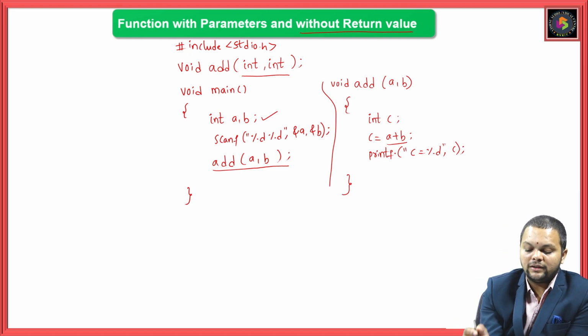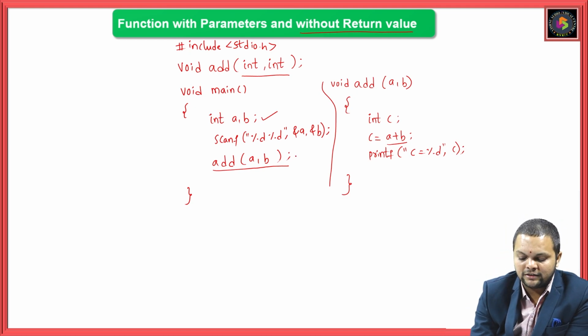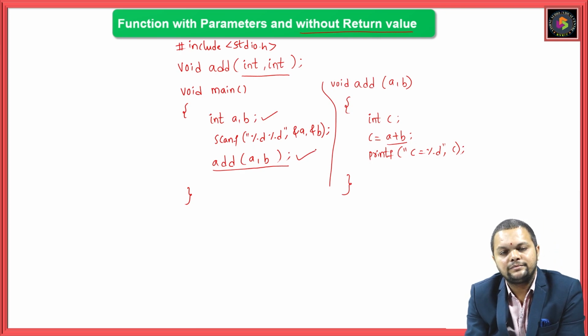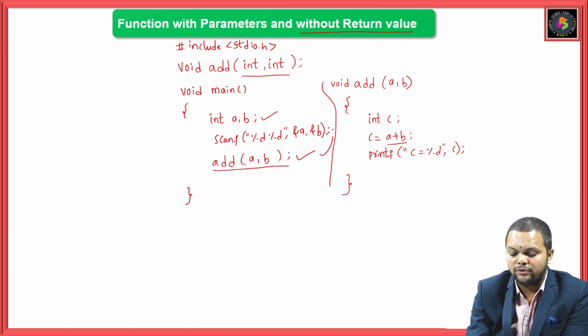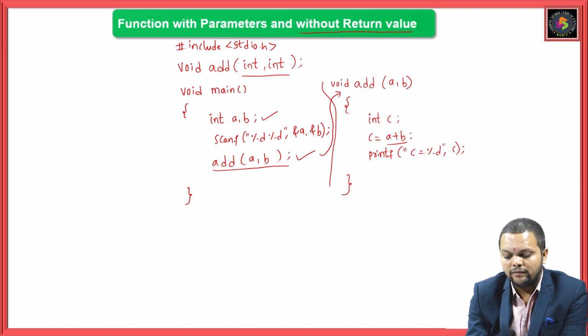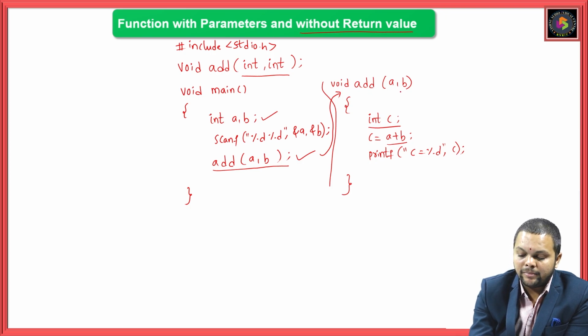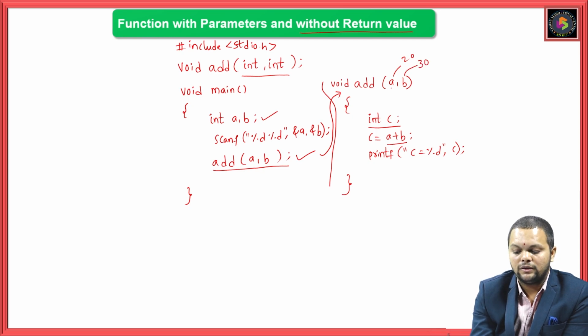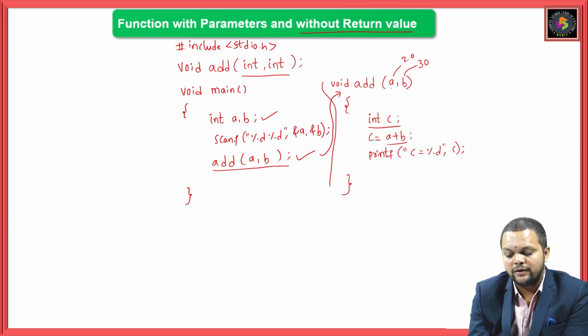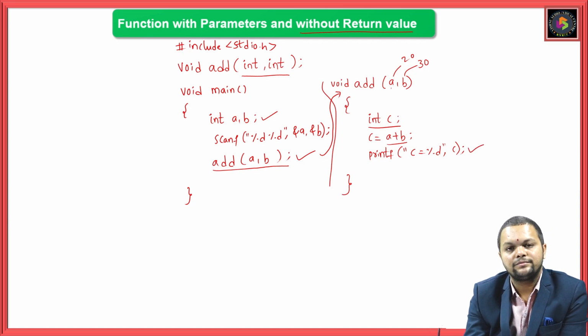If I am calling this particular add a comma b, it will jump to this particular function. After going there, it will go to int c. Now a is holding a value 20 and b is holding a value 30. So int c equal to a plus b, 20 plus 30 is given to c, and it prints c.